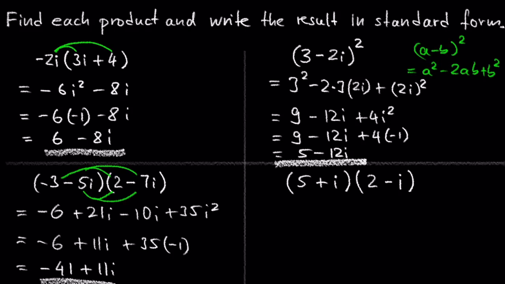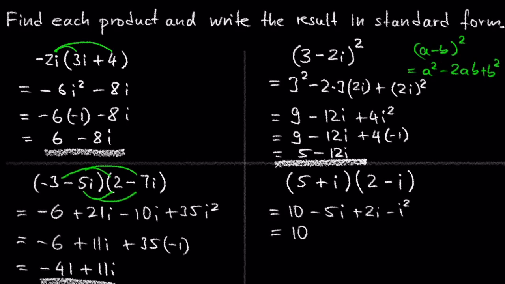Let's look at 5 plus i in parentheses times 2 minus i in parentheses. 5 times 2 is 10. 5 times negative i is negative 5i. i times 2 is 2i. And i times negative i is negative i squared.